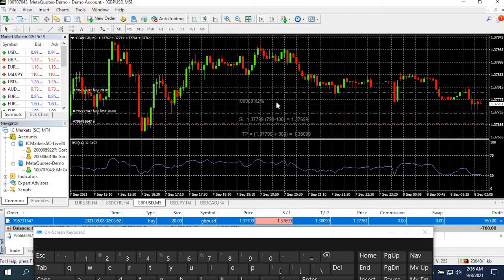So when I divide the $2,000 by the 100 pip stop loss that I'm using, I have a lot size of $20 per pip, right? So when you multiply the $20 per pip, you should get back for the 100 points, the $2,000 that I'm risking, right?